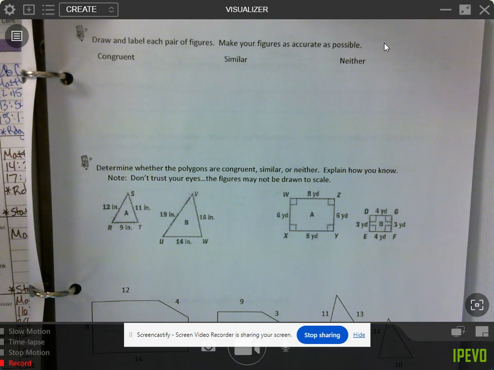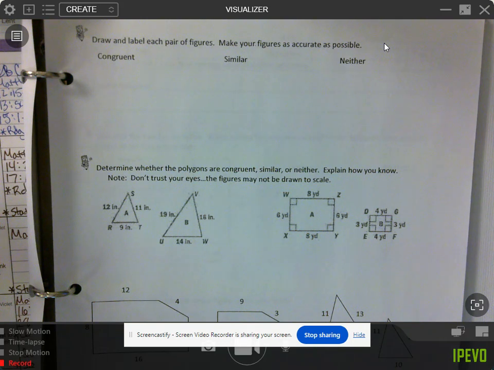We have to show that they are the same. We have to show they're congruent. We have to show they are not congruent. Okay, so you have to draw them and label. The label is important. So if we're going to say similar, we have to make sure they are proportionate.